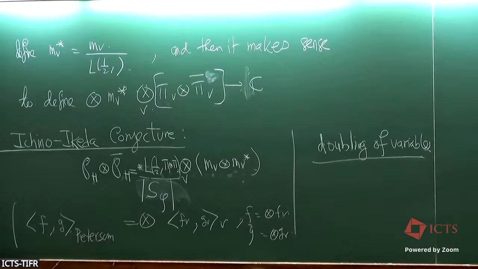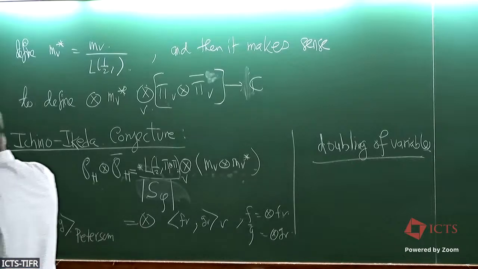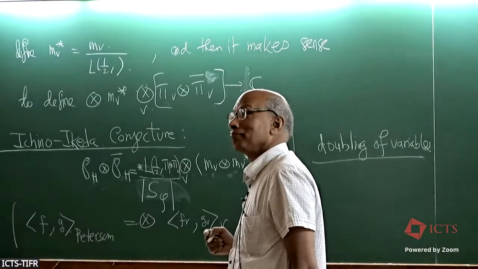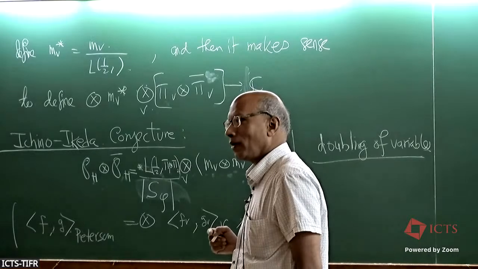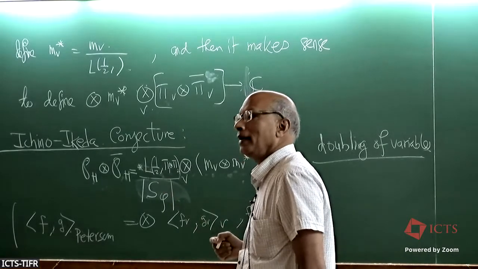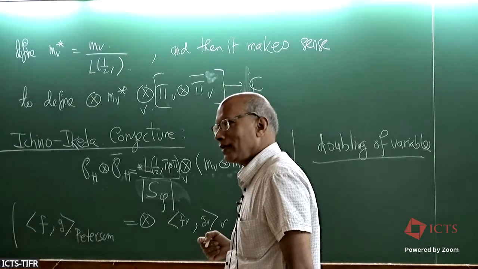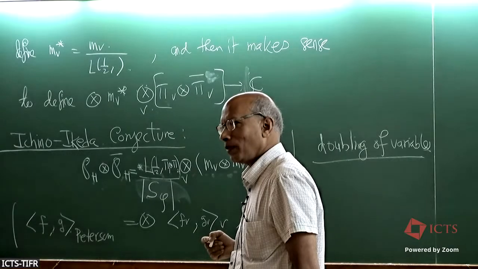L1 adjoint f, there is no absolute value being taken. That is not what I am looking at. I am looking at the central critical value, which is greater than or equal to 0, and it is being related to period integrals. In his case, it was the Petersson inner product f comma f, which is a period integral, but that is positive, and the other L1 adjoint is not positive.